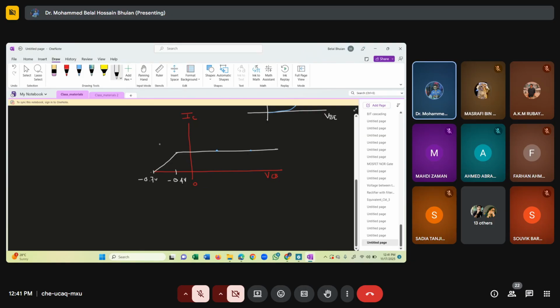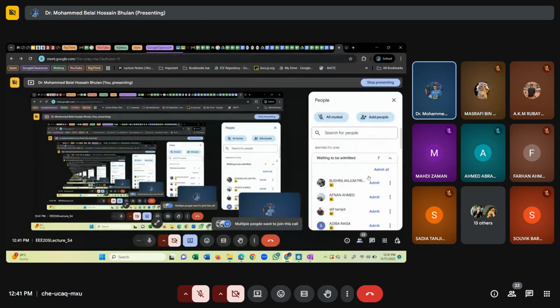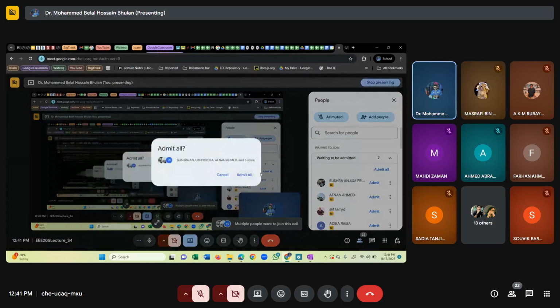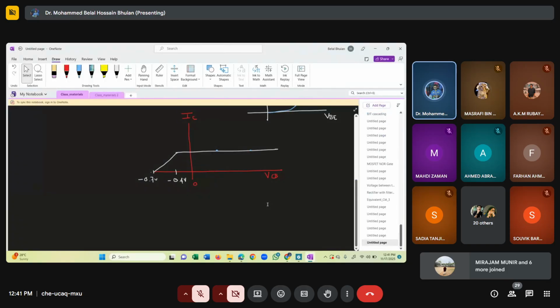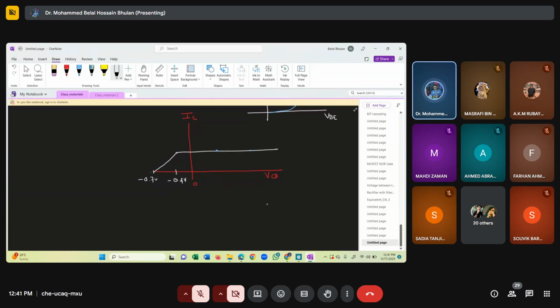So we said that if you look at the characteristics of the curve, it is quite familiar for us. So it has two parts: when the current is increasing, and when current remains constant.